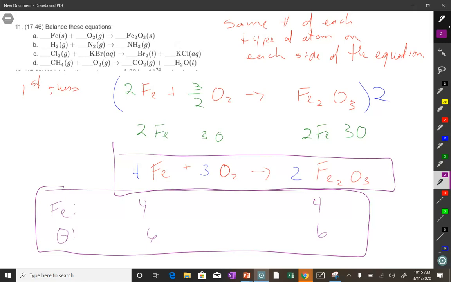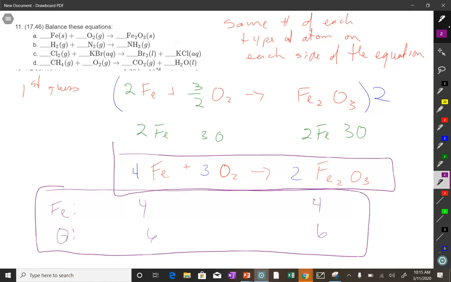Fire away. So I write down how many of each there is on each side. I write the number beside it, and then I do three times, counting factor?